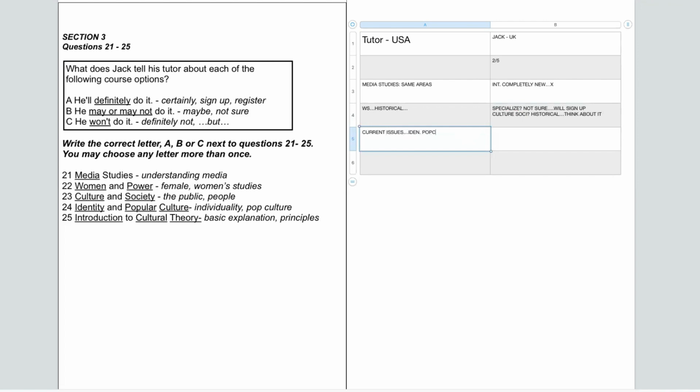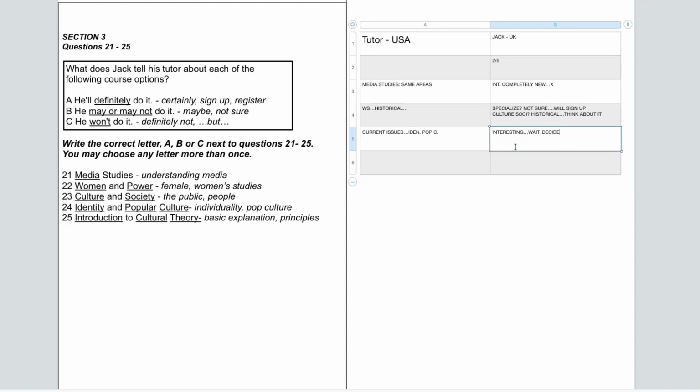That approaches the subject through things like contemporary film, adverts, soap operas, and so on. That sounds interesting. Can you tell me who runs it? Well, it's normally Dr. Stevens, but he's on sabbatical next semester, so I'm not sure who will be running it. It should be decided by next week, though. Right. Well, I might wait until then to decide.